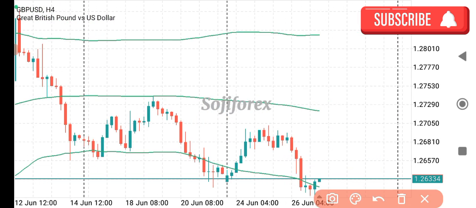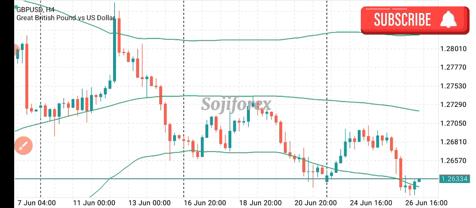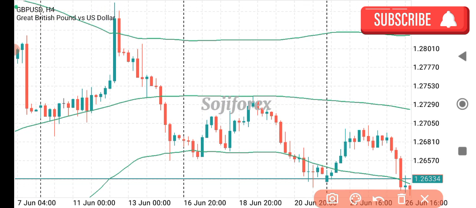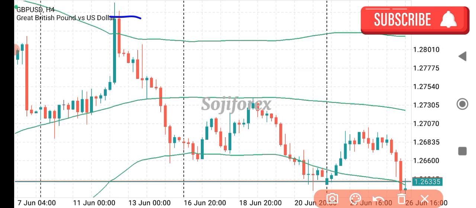Price has been bearish. Okay, we are bearish. Our lower low, our lower high. Here we have a lower low, here we have our lower high.